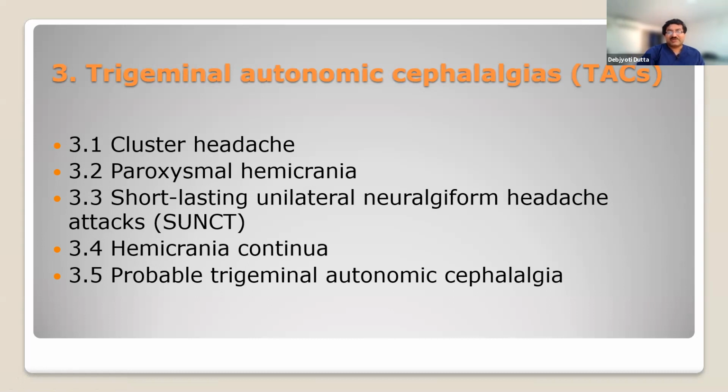Next is the paroxysmal hemicrania, short-lasting unilateral neuralgiform headache attacks, also known as the SUNCT syndrome, hemicrania continua, probable trigeminal autonomic cephalalgia. So these are the classifications. They are actually 1, 2, 3, 4, grouped together into this broad group of trigeminal autonomic cephalalgias.